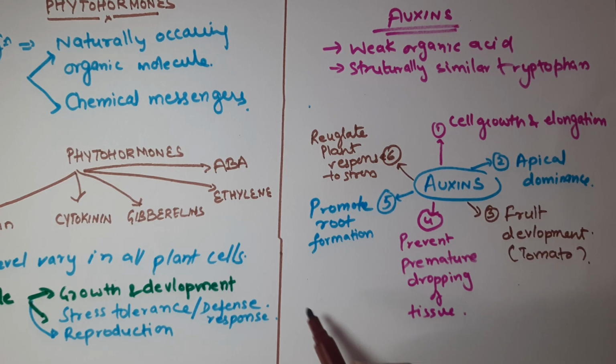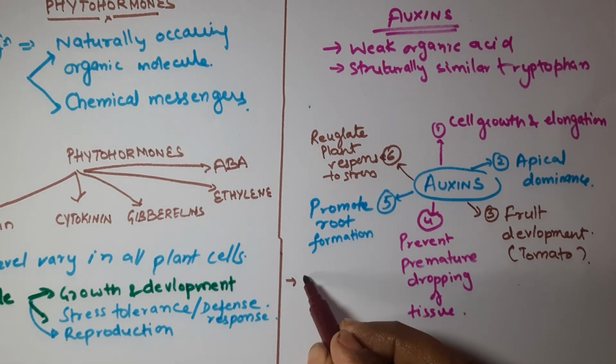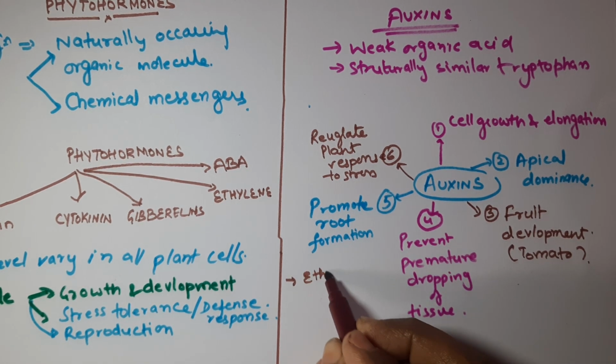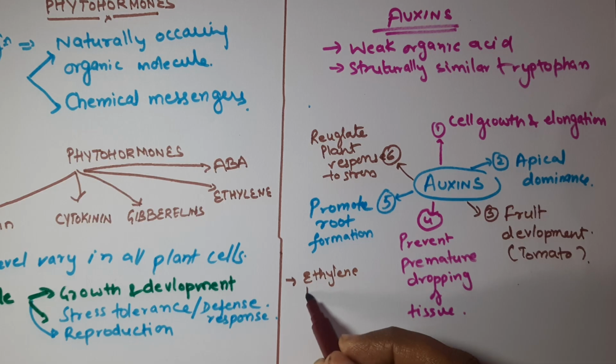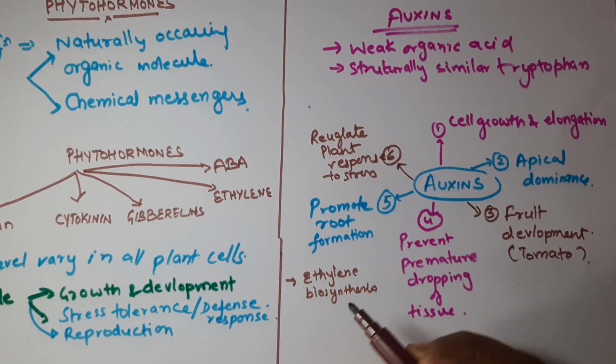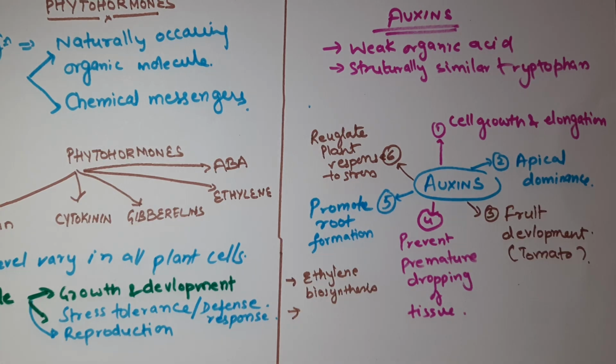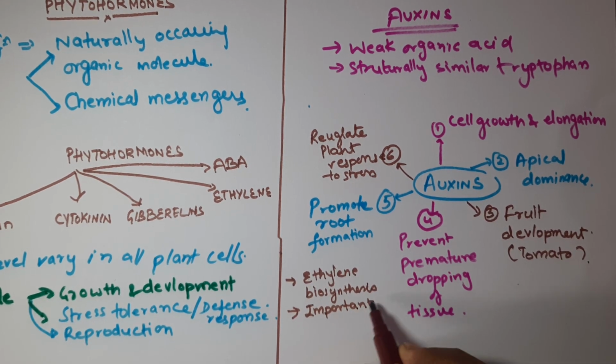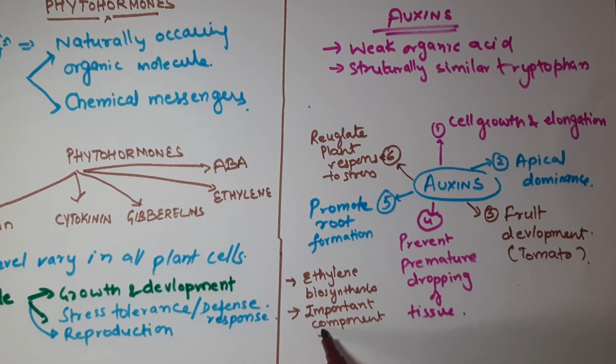In addition, the latest findings have suggested that auxin also plays a role in ethylene biosynthesis, and it's also an important component of hormone interaction.